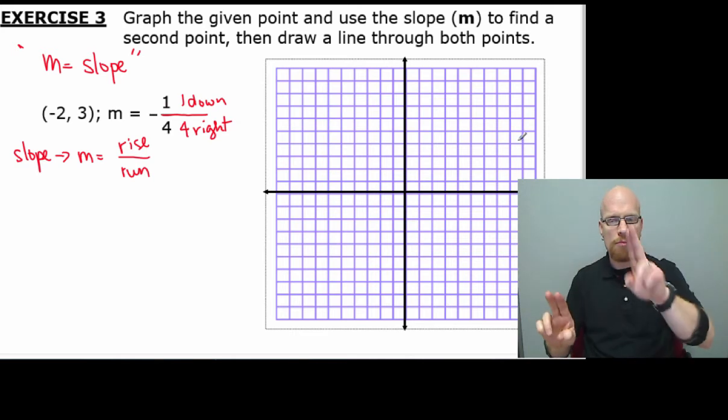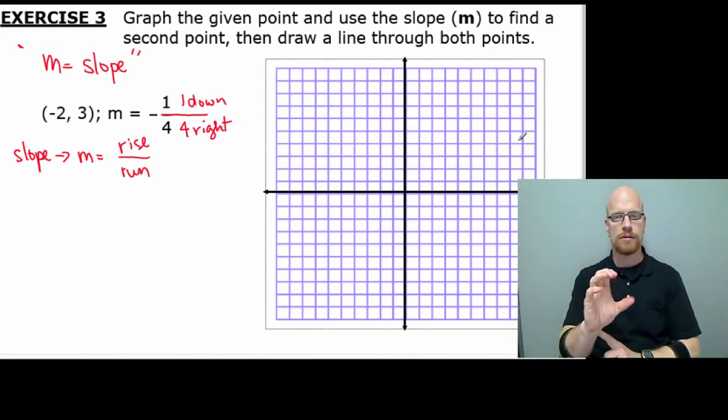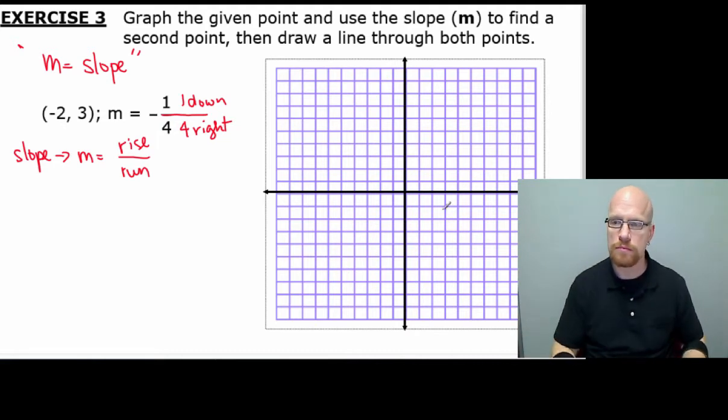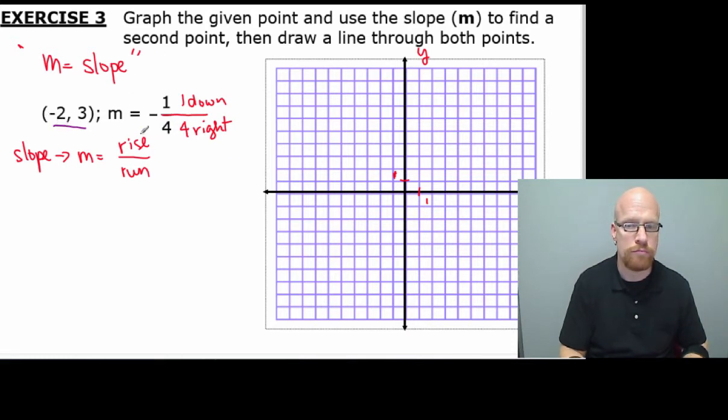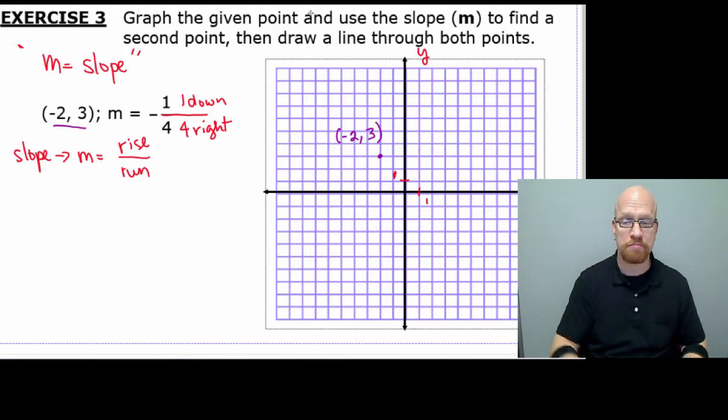First, I had to label my x and y axis and my scale. Okay, this is our point, -2, 3.